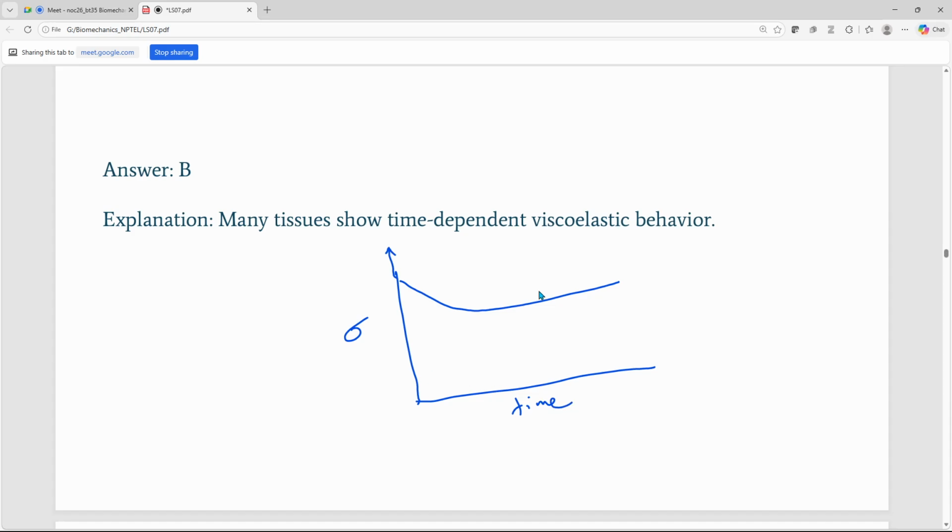The stress by time graph will be something like this for a viscoelastic material, whereas it will be a straight line for elastic material or other materials. So, some curved graph that is eventually attaining a straight line. That is what time dependent behavior is.